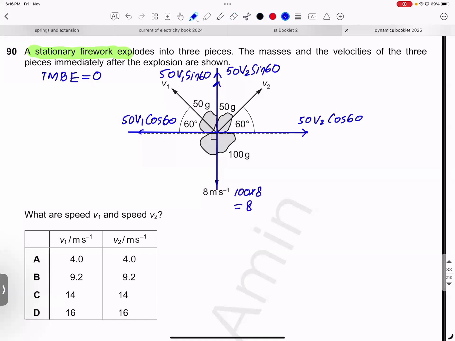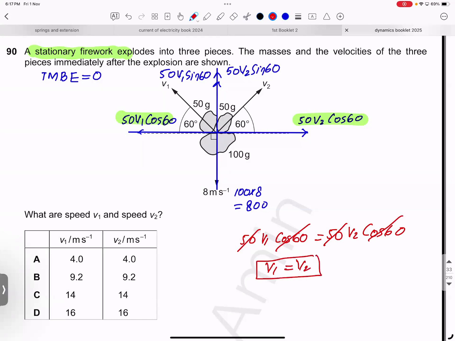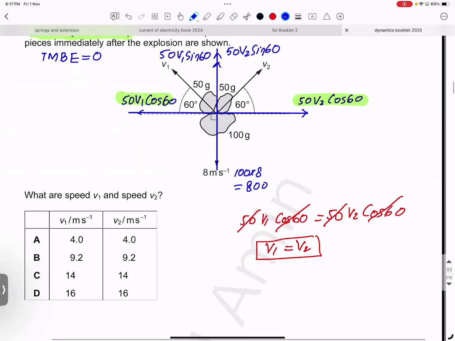Now, my dear students, first of all, if you use left equals right, 50 V1 cosine 60 equals 50 V2 cosine 60. 50 cancels, cosine 60 cancels. This tells you that both speeds should be equal, and they already gave in all options that they are equal. So it means we balance the y components.